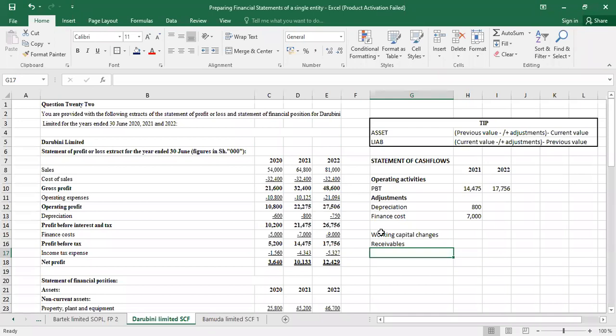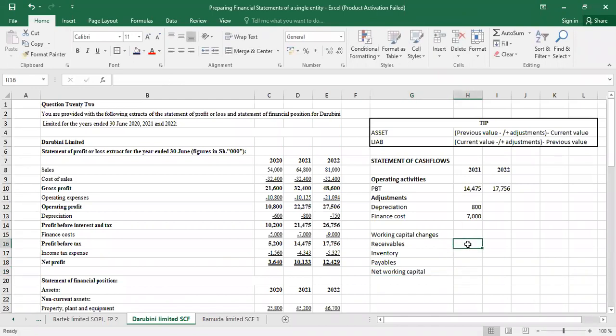We also have inventory, and we also have payables. Isn't it? Then net working capital as a total. So that is net working capital change.